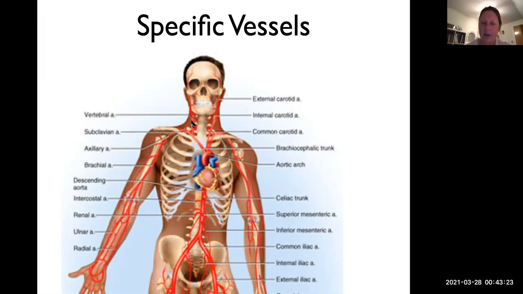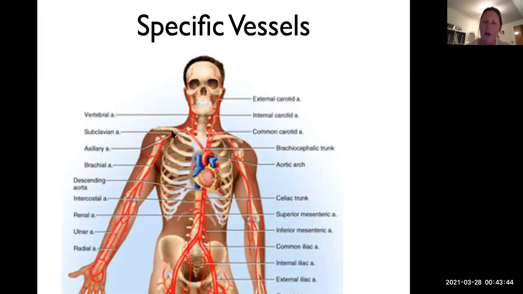After it branches, we have the carotid artery going up, which I just discussed, and this vessel here, which is going under the clavicle. And for that reason, it is known as the subclavian, under the clavicle, subclavian.